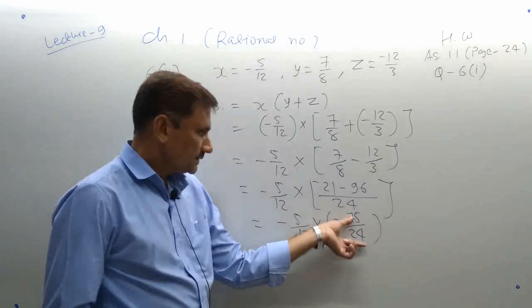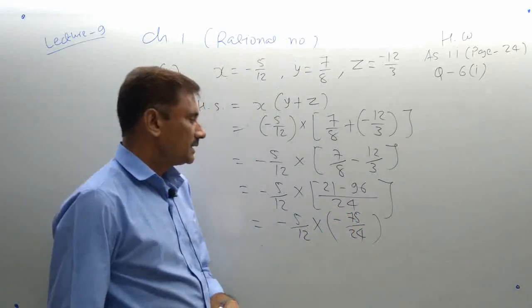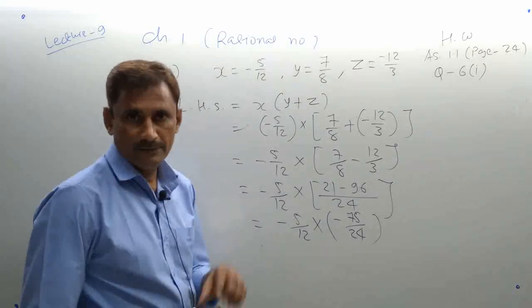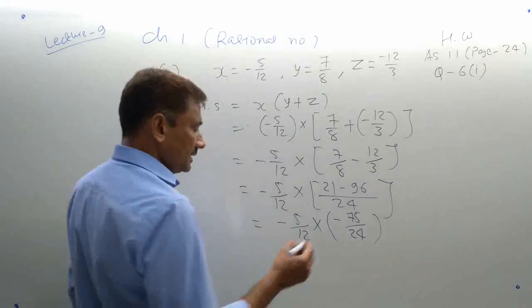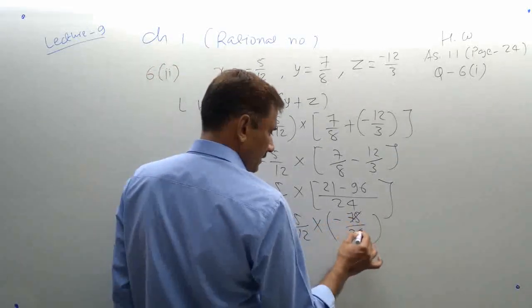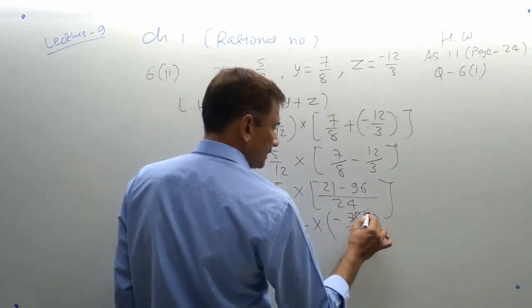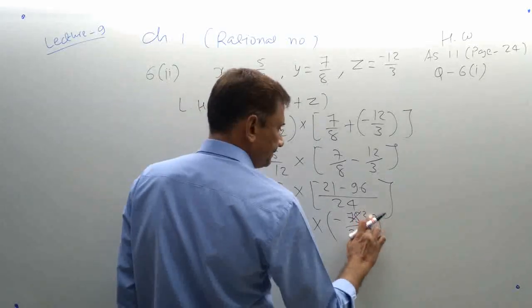Actually here also and here also, divisible by 3, 25 3s and 8 3s. So I am just going to divide or cut by 3. So 3 into 25, 3 into 8.